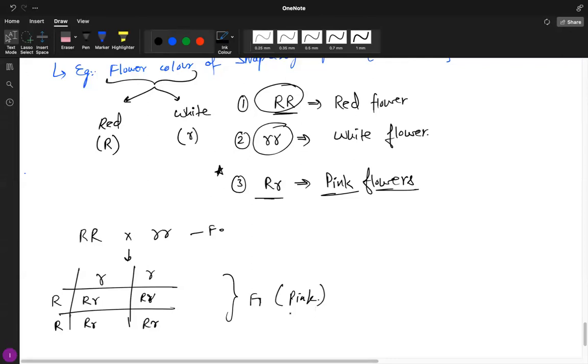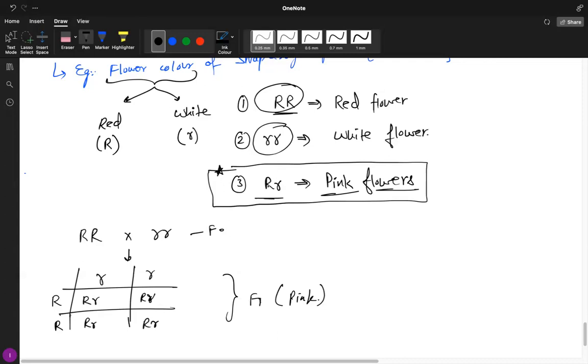The genes are mixing. Sorry, the colors are mixing, the alleles. The gene is one. The gene is for the flower color. It has two alleles, one on the one chromosome which came from father, one on the other chromosome which came from mother. And if it carries two different alleles to make a heterozygous condition, in this heterozygous condition, can I say that no allele is completely dominant over the other? If capital R was completely dominant, this would have been all red flowers.